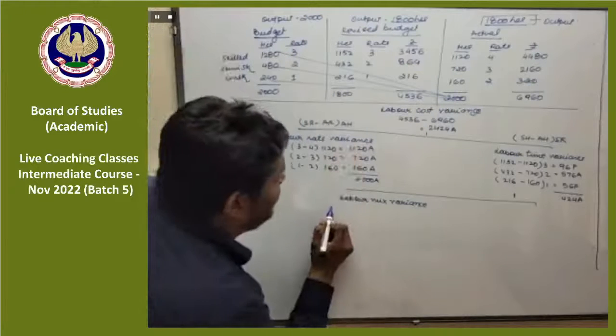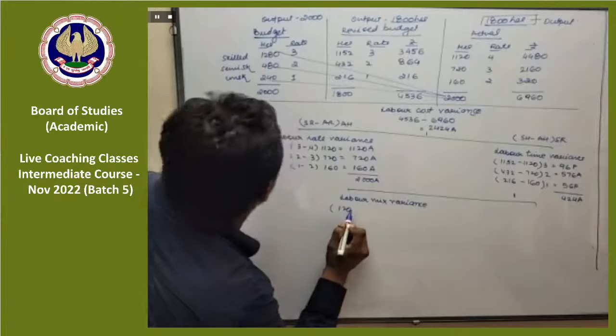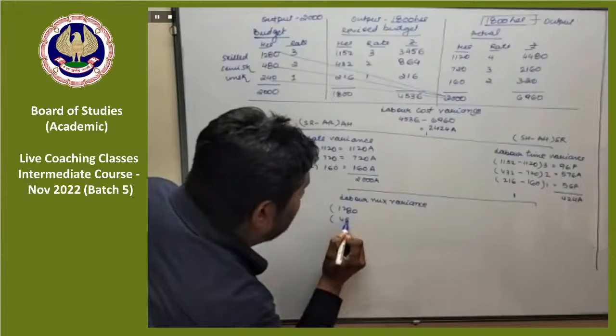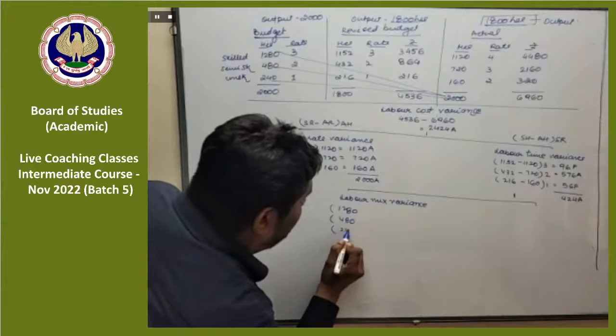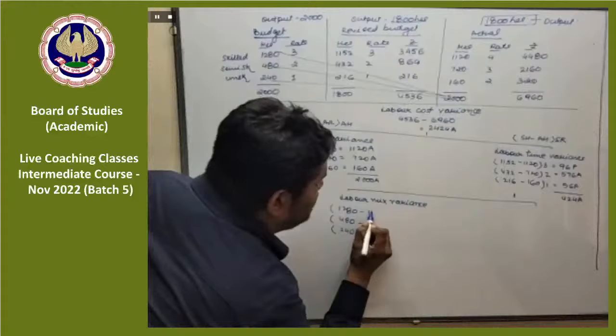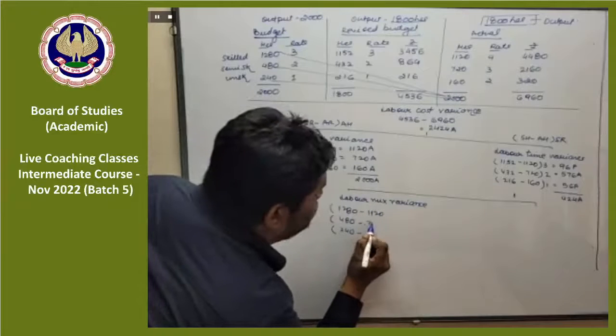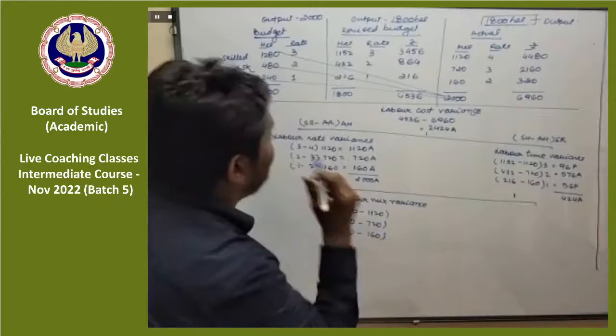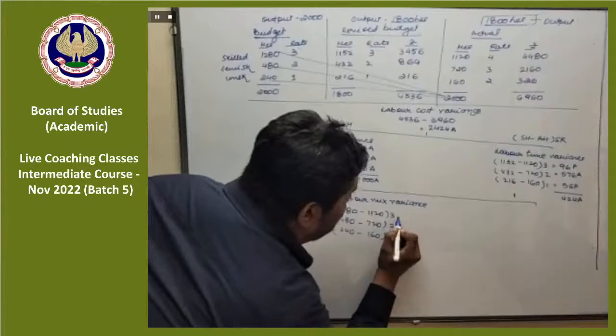So we can simply write it in the similar way: 1280, 480, and 240. This should be the mix, but the actual mix for 2000 is 1120, 720, and 160 into the standard rate, that is 3, 2, and 1.